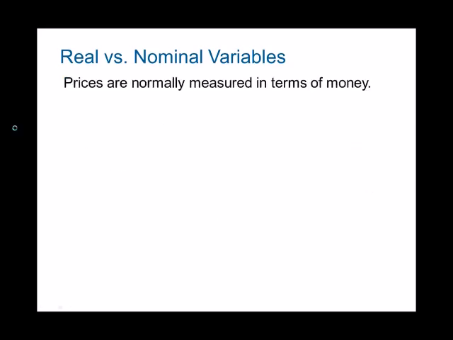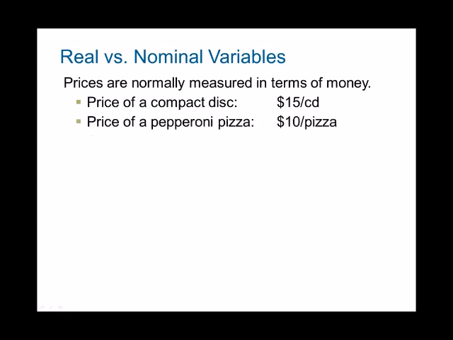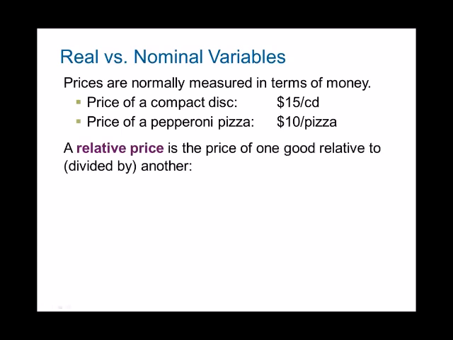Prices are usually measured in terms of money. So we always have prices measured in dollar values, $5 or $10 or $7.59, something like that. Let's say the price of a CD is $15 and the price of a pepperoni pizza is $10. A relative price is the price of one good divided by the price of another good.